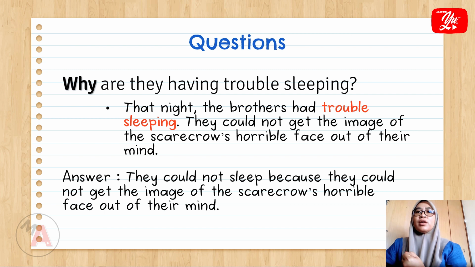Okay, because. Kena ada because lah sebab dia tanya why. So why kita guna untuk reason, kita nak tahu sebab. Okay, so they could not sleep because they could not get the image of the scarecrow's horrible face out of their mind. So that is the reason why they are having trouble sleeping.